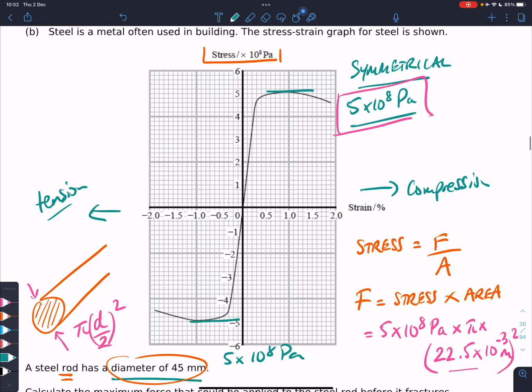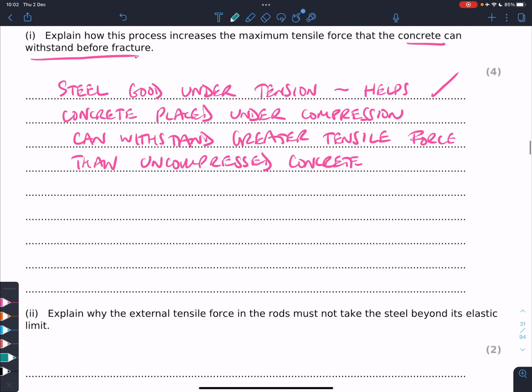Okay, so let's see how we write that then. So steel, good under tension, that helps anyway, that's good. Concrete placed under compression can withstand greater tensile force than uncompressed concrete.